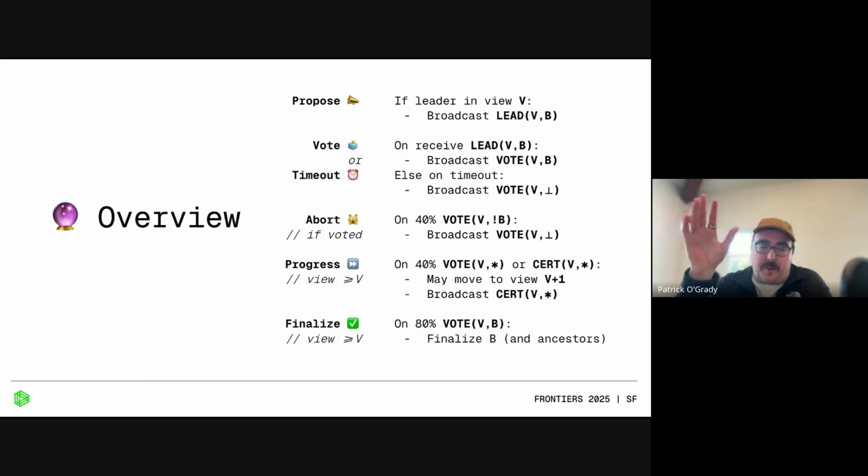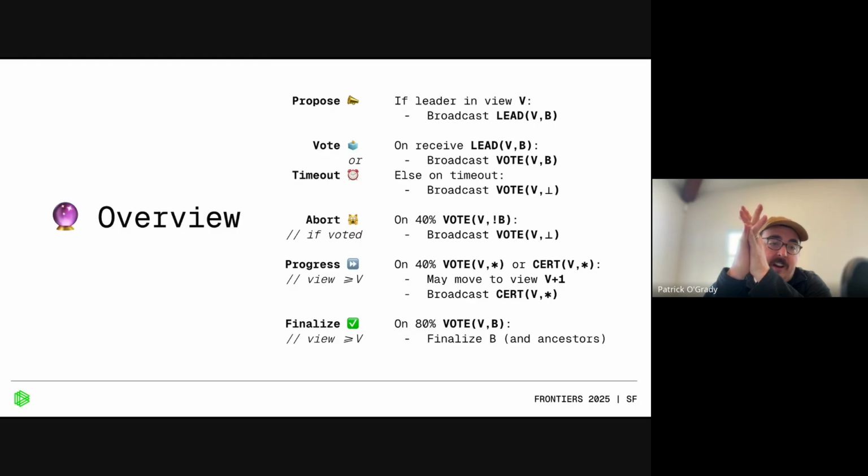In this protocol, because it is in the two-phase setting, you have to compress those ideas. The way they are compressed is basically you vote or you time out. Only if you see enough conflicting votes are you willing to issue a timeout after your vote.